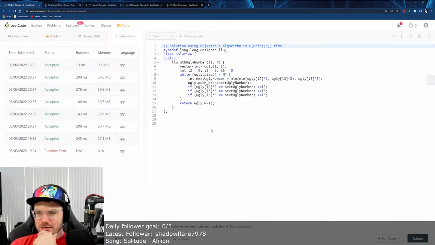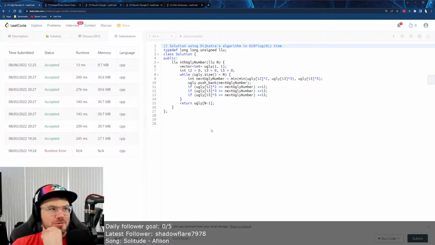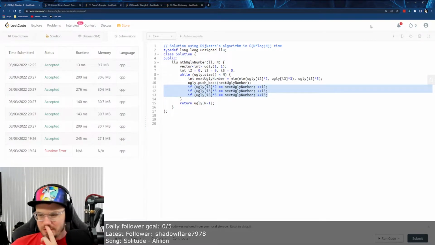This is kind of like dynamic programming plus 3 pointers mixed together, because you are reusing information that you've already generated. You're using the ugly numbers that you already know of, but you don't actually know which index you need. You don't know which one to use without having these 3 pointers keeping track of it.